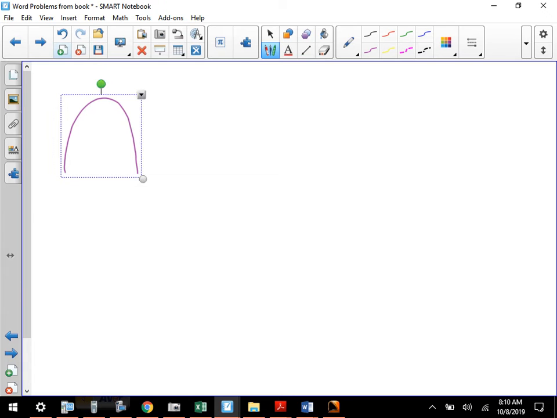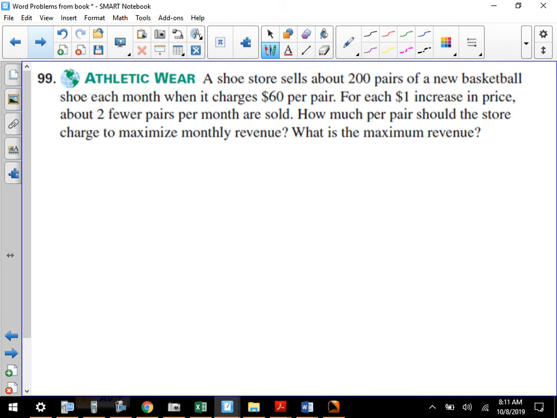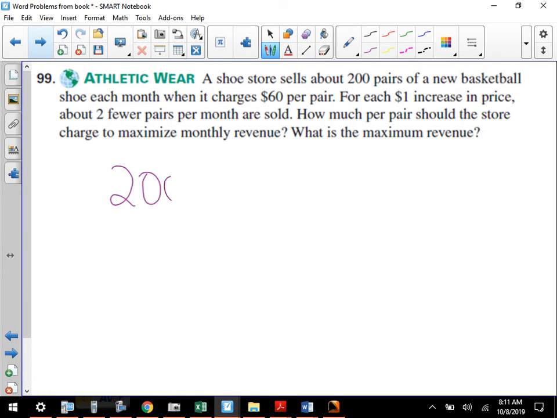we're talking about quadratics. We're trying to figure out at what price things work. Well, when you're looking at it, they told you two things. 200 pairs of shoes are sold at $60.